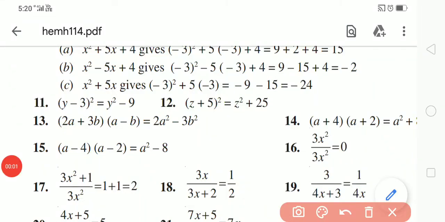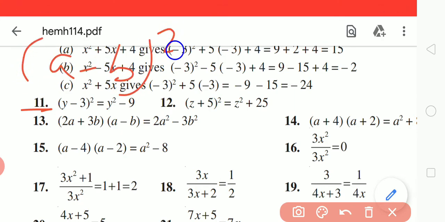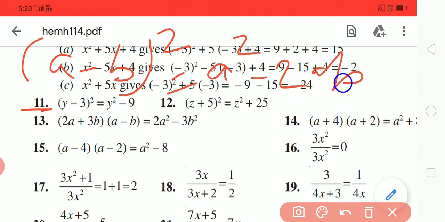Hello everyone, we have done up to question number 10 and let us start question number 11. So you can see here (y minus 3) whole square is given. Let us compare it to (a minus b) whole square, that is equal to a square minus 2ab plus b square, right?